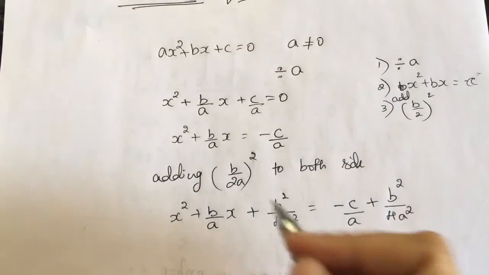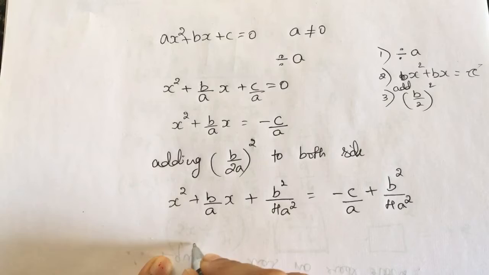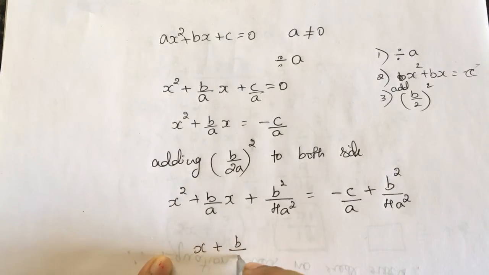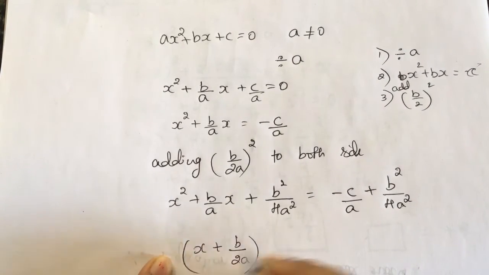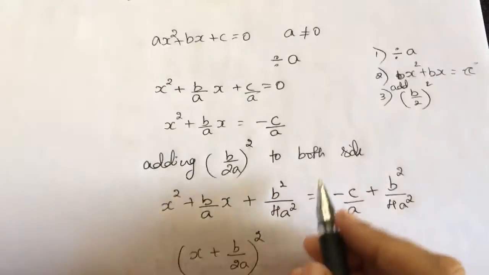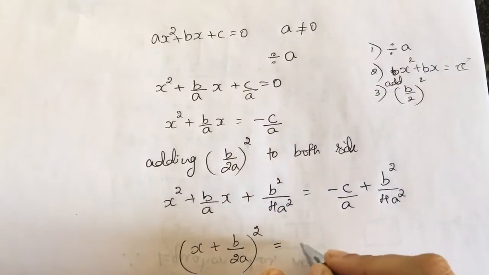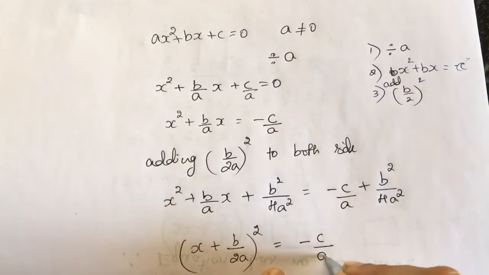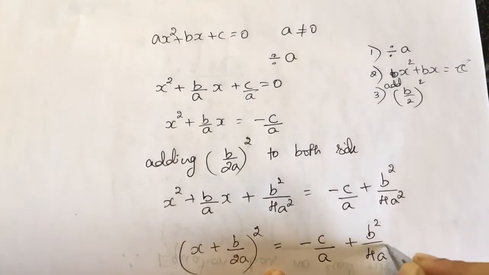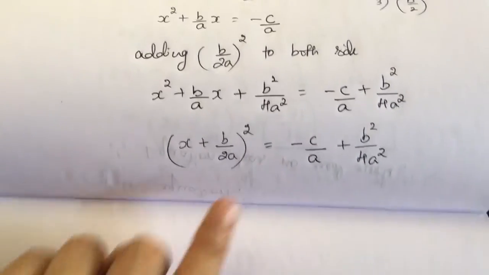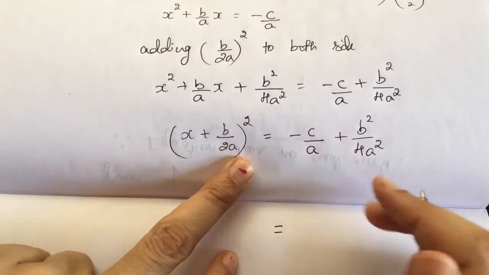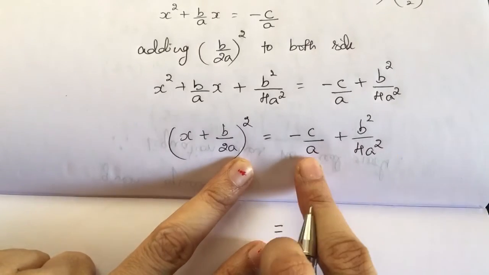I'm not going to write all those steps, I'll just tell you the final step. This is nothing but x plus b by 2a whole square. If you simplify this, you will get this. No problem with that. I'm just telling you how to get the formula. Then I'll rewrite the right hand side over 4a square.